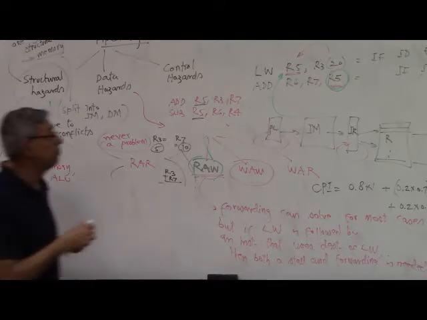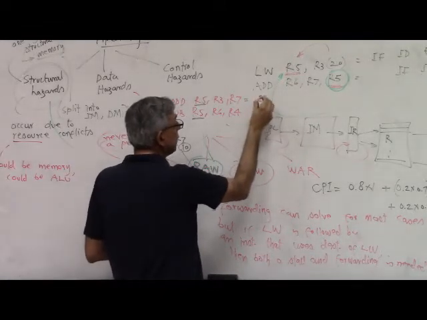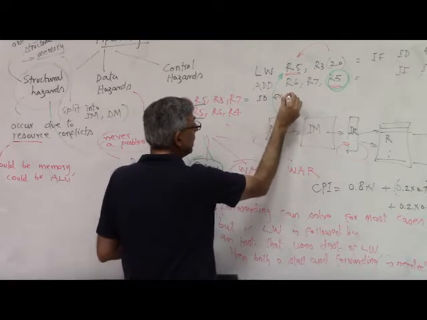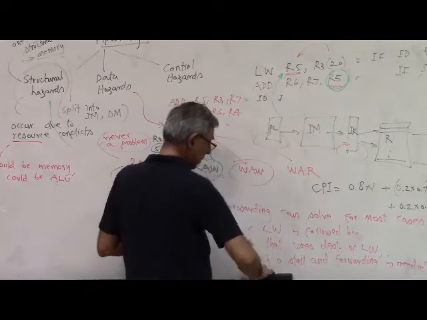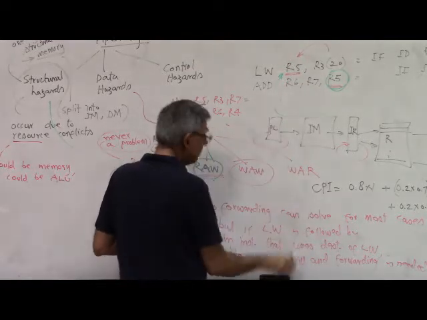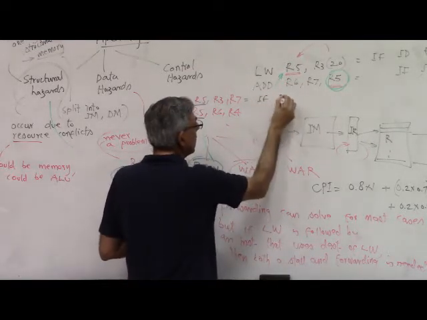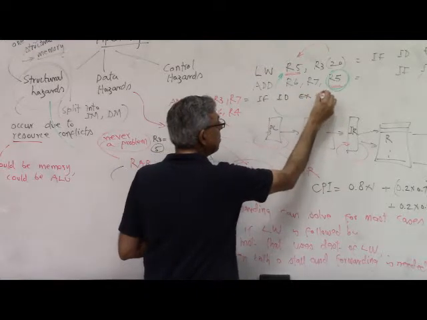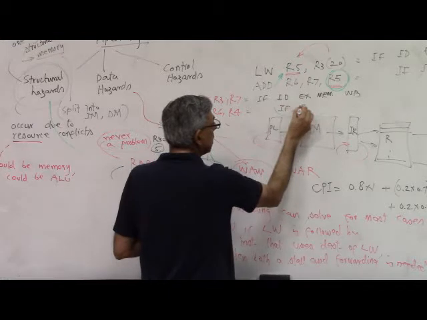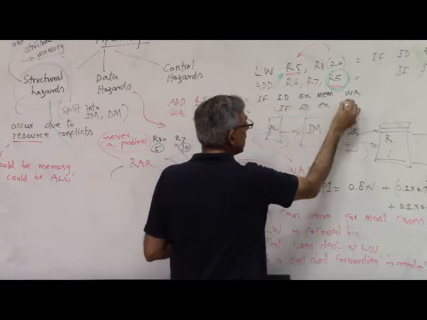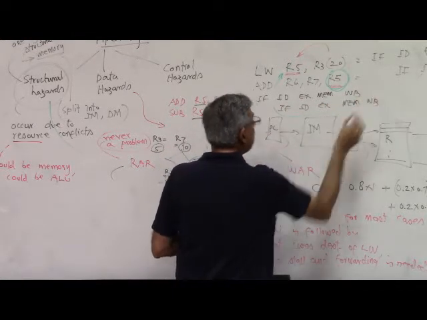Will this cause a problem? You can very easily see if I write it: IF, ID, EX, MEM, and write back. This will start one cycle later: IF, ID, EX, MEM, and write back.